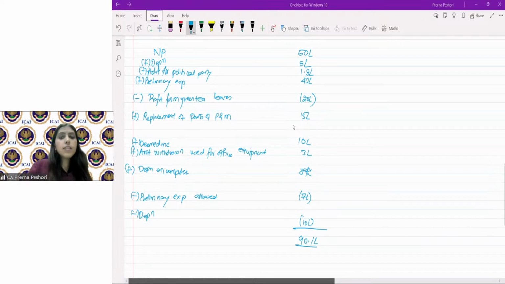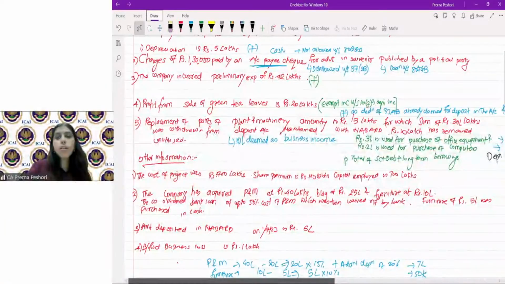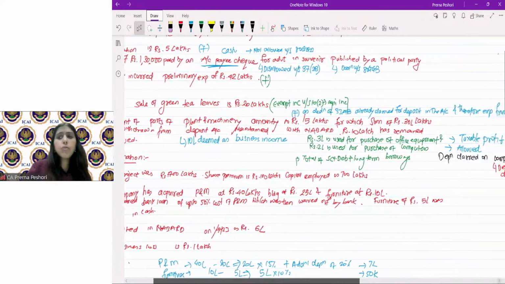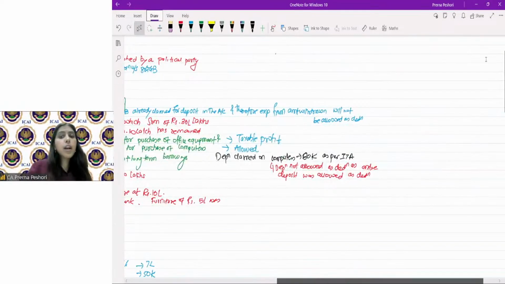How are you getting 97.3 lakhs? 80,000 depreciation on the computer. See, we added back here, right? Depreciation claimed on computer is 80,000, so this will not be allowed as deduction.